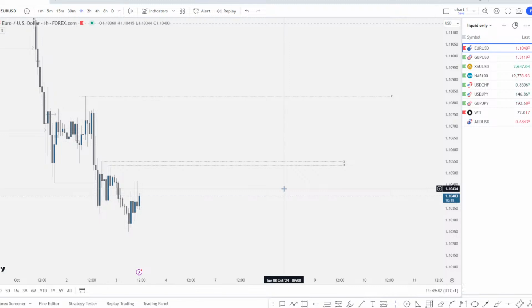Whereas with stop losses, like a lot of traders use, like myself and many others, you inherently restrict the amount of risk that you can apply to any position.